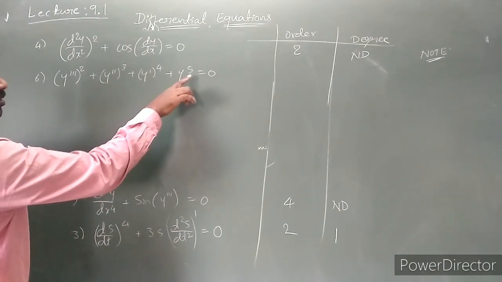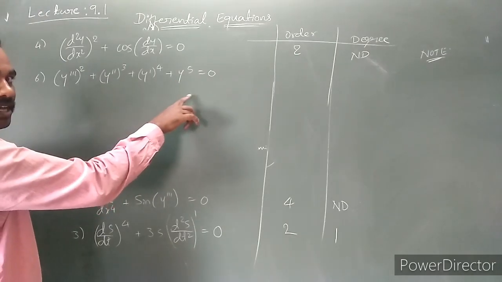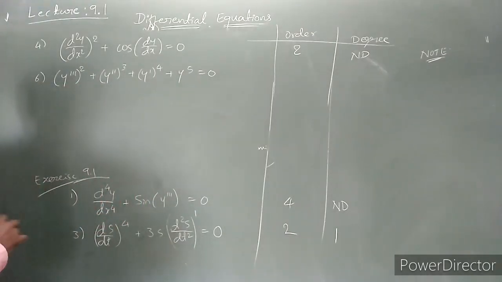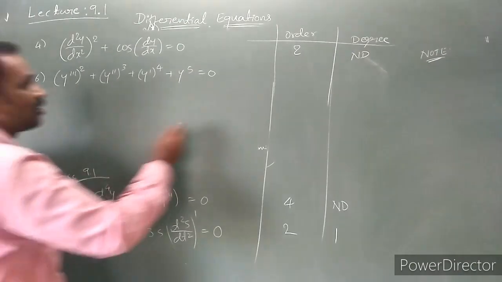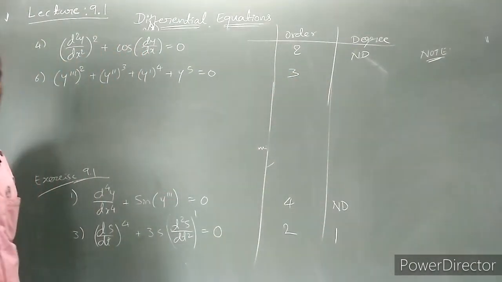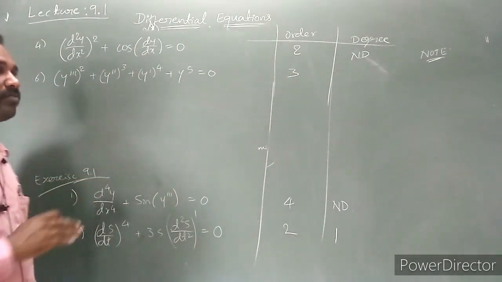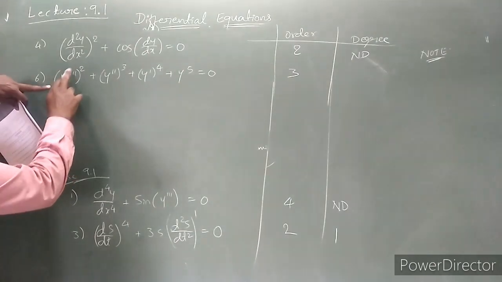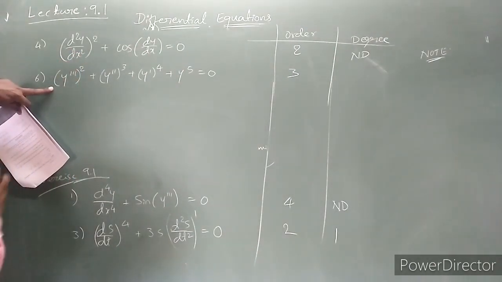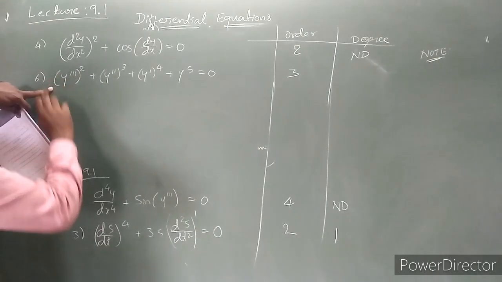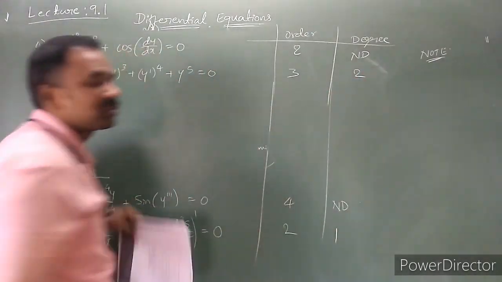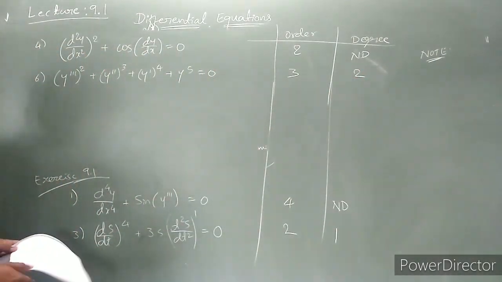Maximum time differentiation is 3, so order is 3. What is the degree? Degree means highest power of the highest order derivative. Power is 2, so that will be 2. Okay. Next.